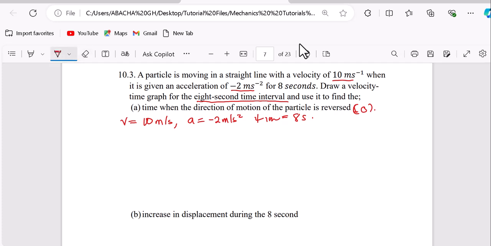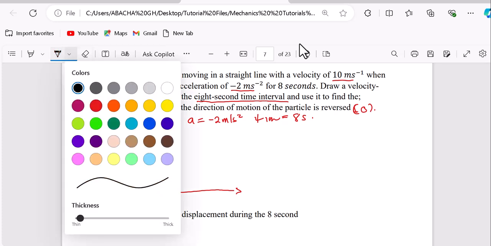Okay, so now they are saying that we should draw a velocity time graph. So I'm just trying to sketch something here.